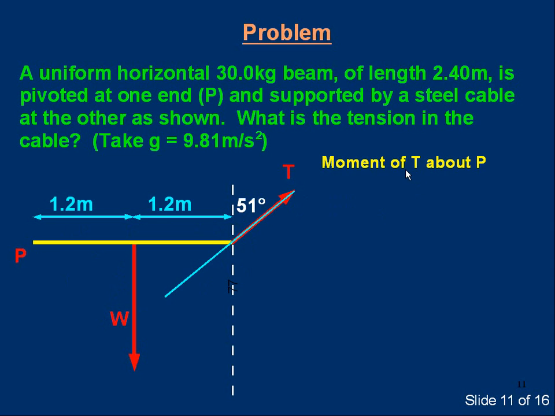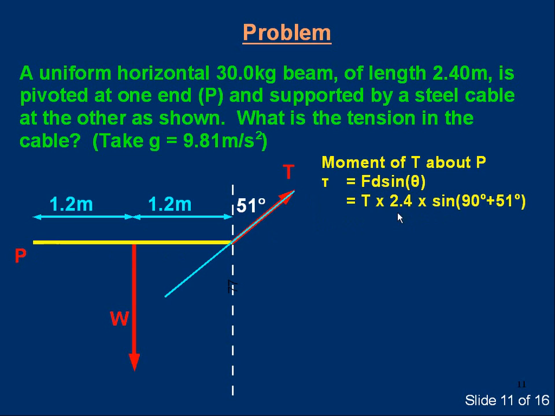Okay, what is the moment that the tension produces about point P? Well, we use our F d sine theta formula. Can you see what the values will be? Instead of F, we're going to write the letter T. Instead of d, we're going to use this distance, from the point about which we're taking moments to a point on the line of action.